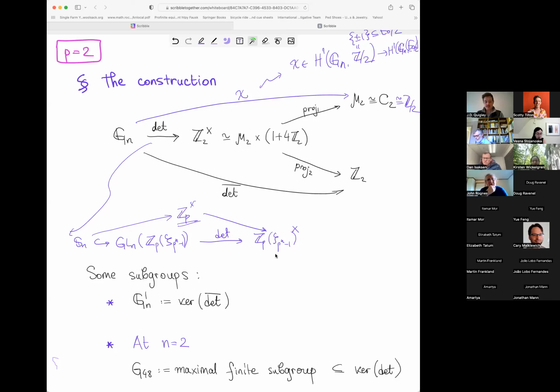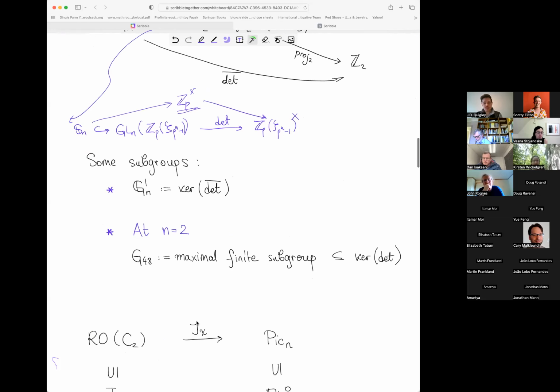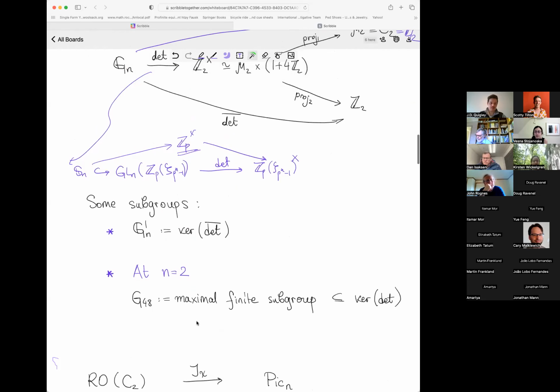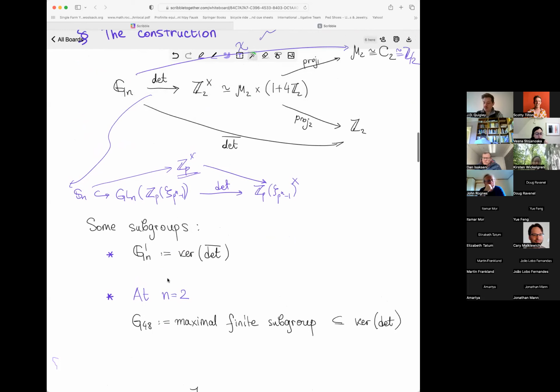Great. So at n equals 2, another group that is relevant for today's discussion is the maximal finite subgroup of Gn. It's called G48 because it has order 48, which is in contradiction with this being G2, so G2 does not have size 2 by any stretch of the imagination.